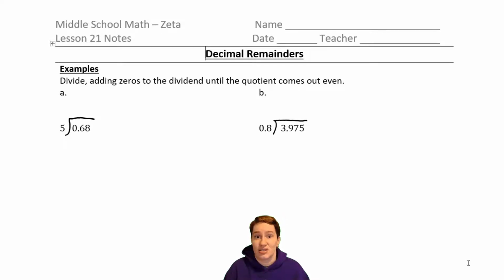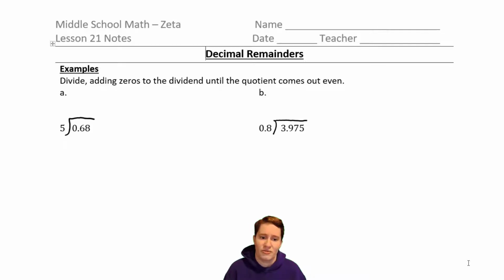There are lots of things that, when we divide, go on forever. So we want to come up with ways to deal with that. The first way is to just add zeros and hope it comes out even. On these first two, that should happen: we may need to add some zeros, but eventually we'll be able to stop dividing. So let's take a look at how this works.